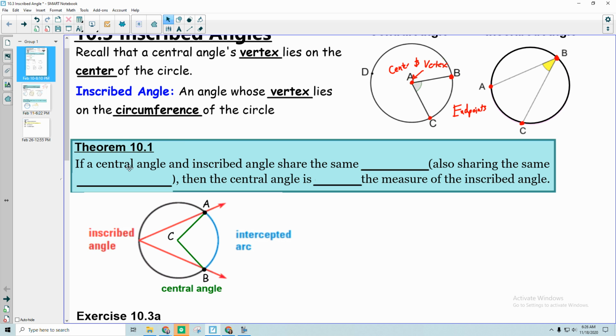In this next theorem, what is the relationship between an inscribed angle, a central angle, and what's called the intercepted arc?